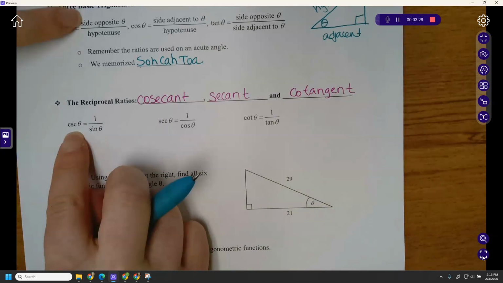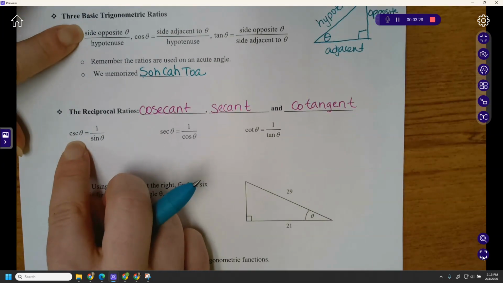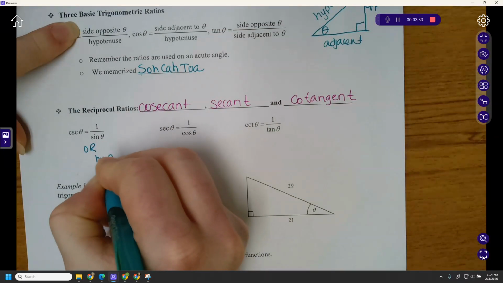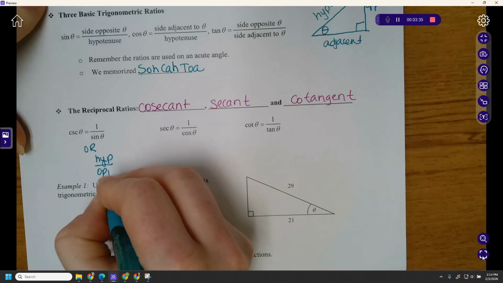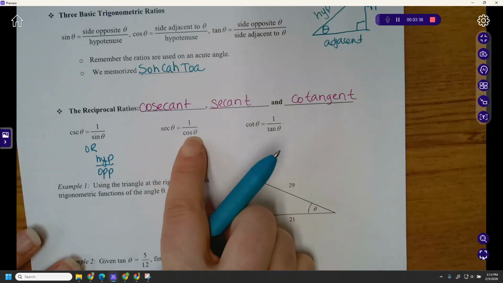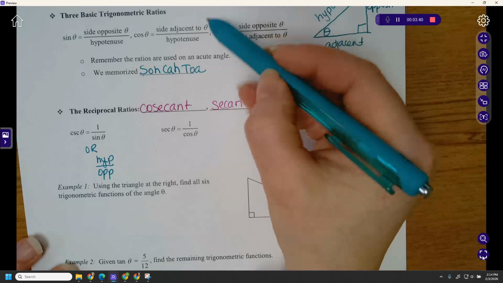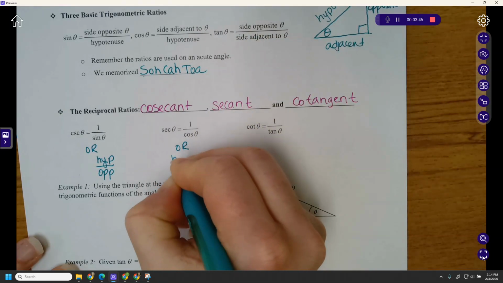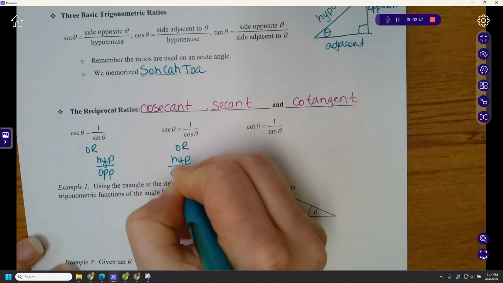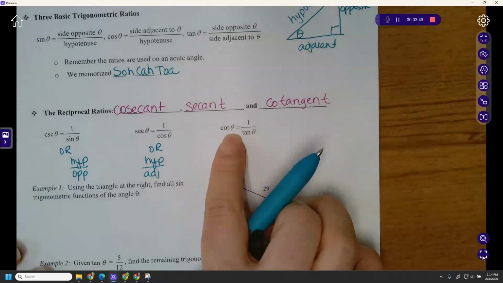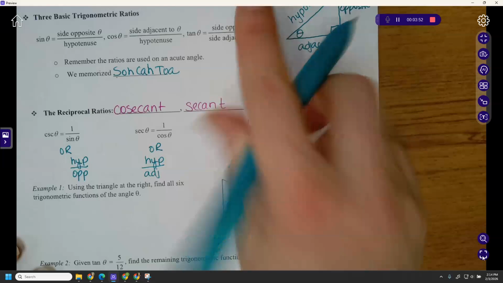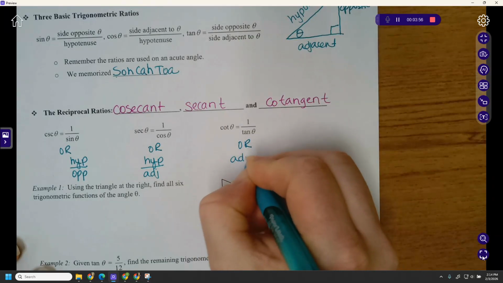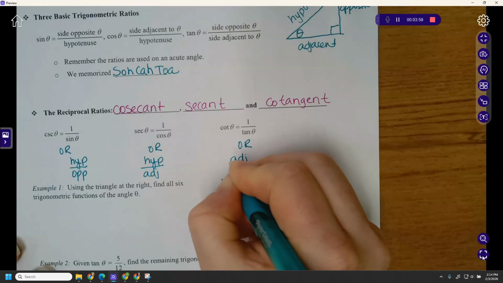So cosecant, if I took the reciprocal of opposite over hypotenuse, another way of thinking of it is hypotenuse over opposite. Since secant is the reciprocal of cosine, and cosine is adjacent over hypotenuse, another way of thinking of it is hypotenuse over adjacent. And cotangent, if I took the reciprocal of tangent, instead of opposite over adjacent, another way of thinking of it is adjacent over opposite. Okay.